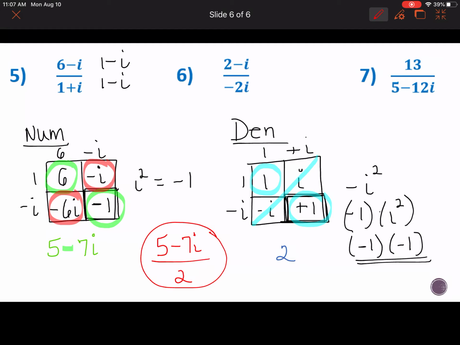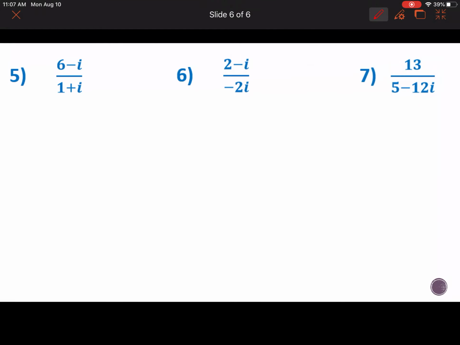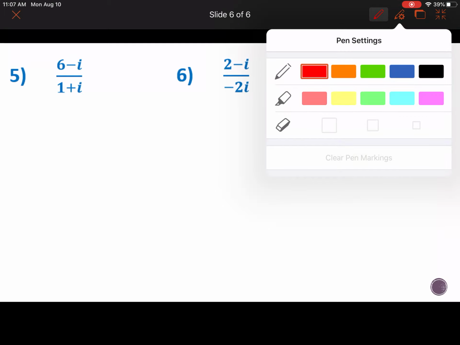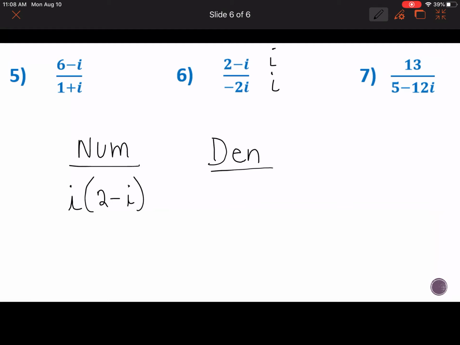Let's look at number 6. Number 6 has a monomial, so we're multiplying top and bottom by i. So for the numerator, we have i times 2 minus i. And for our denominator, we have i times negative 2i.